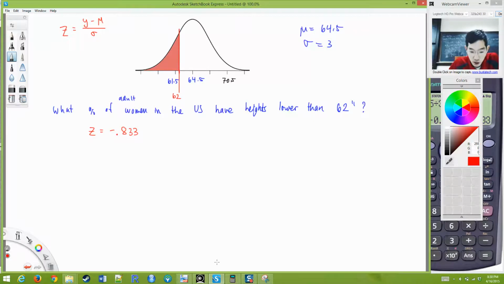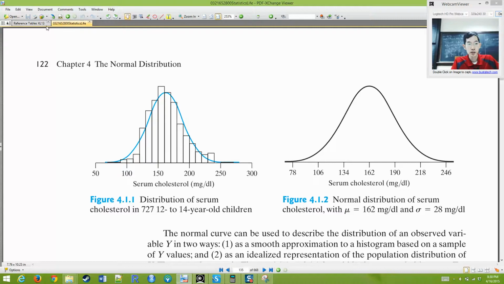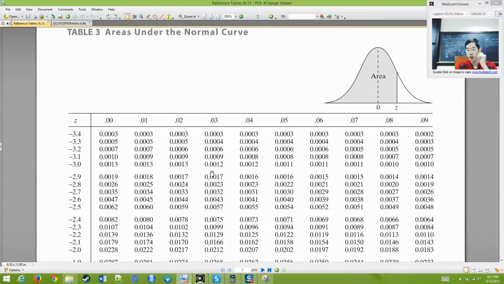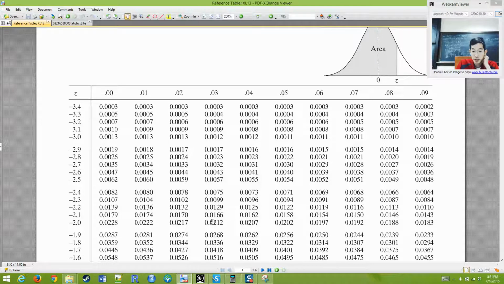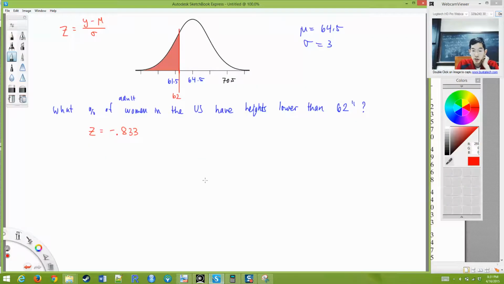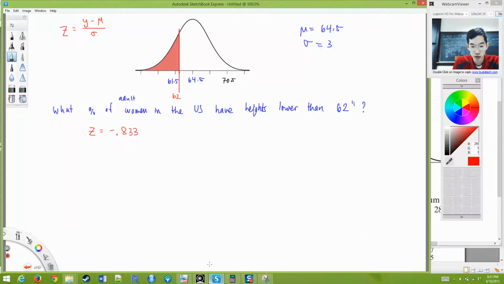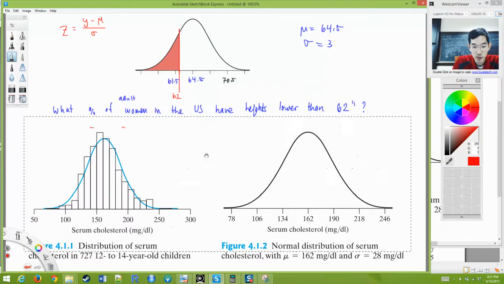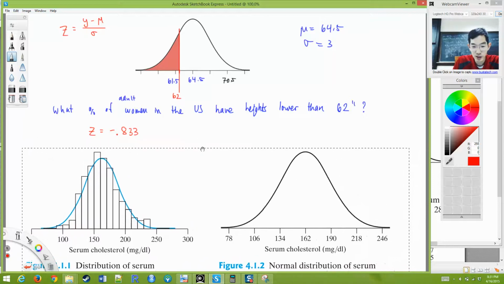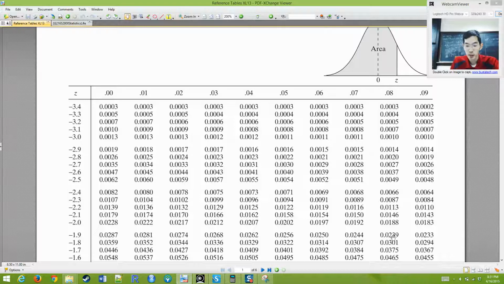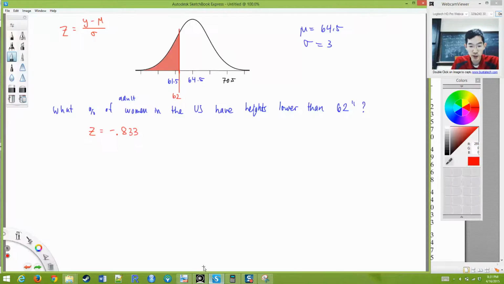Okay, so let me open up this table. All right, so table 3 is areas under the normal curve. You can imagine if I were to draw a normal curve here.